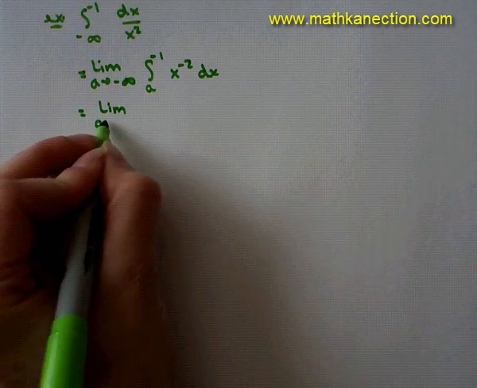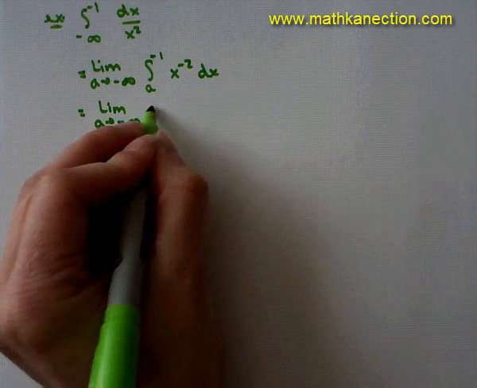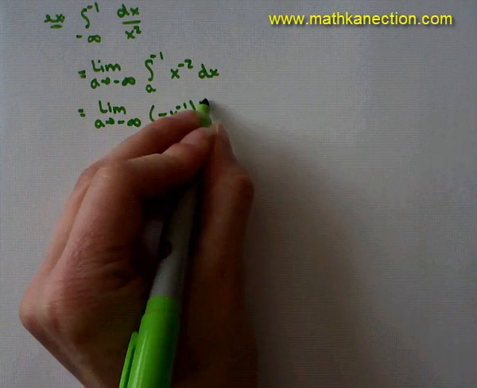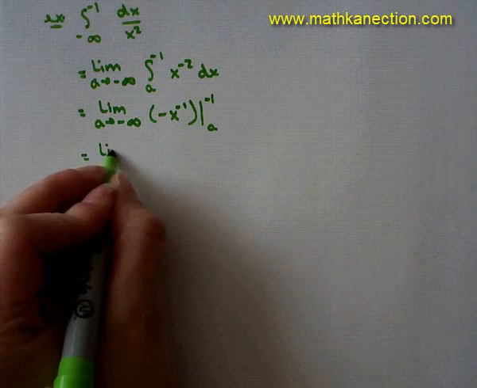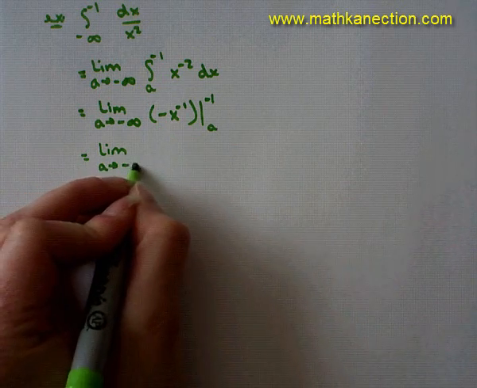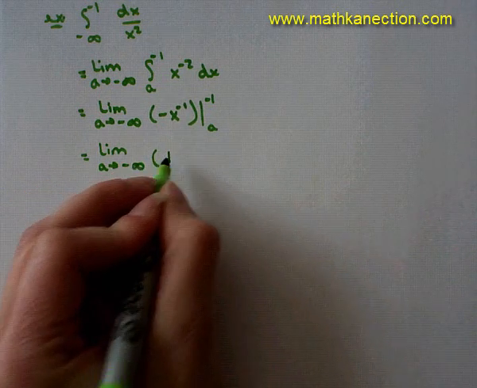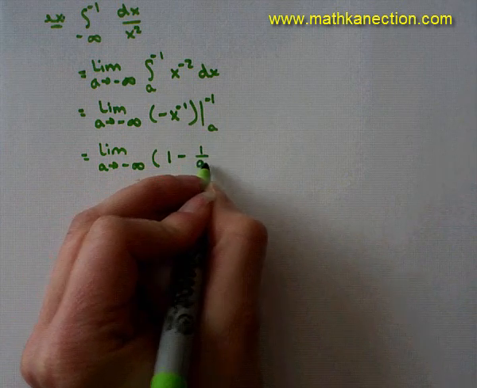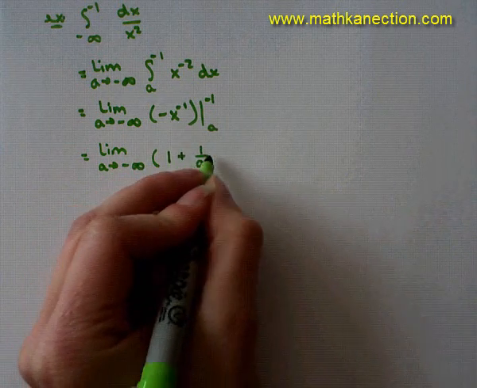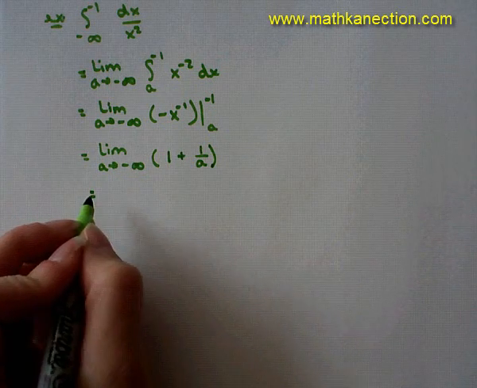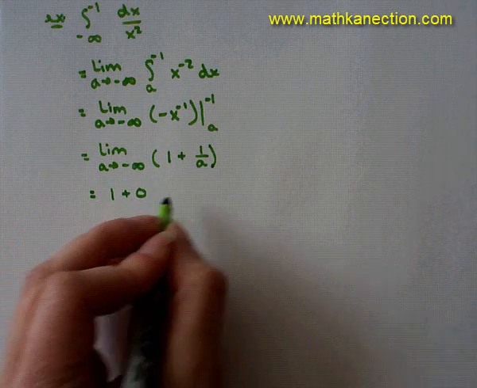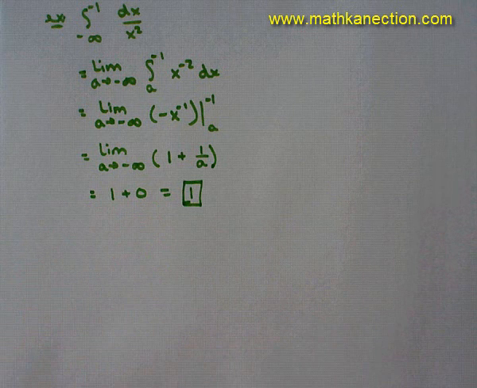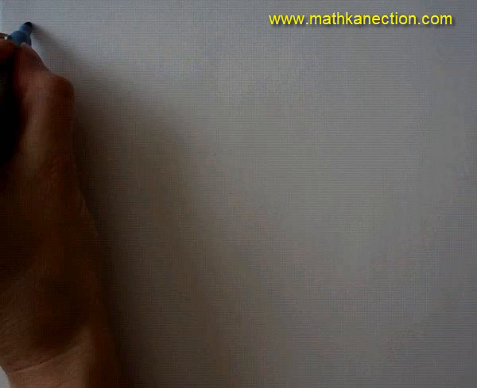Anti-deriving to get negative x to the negative 1 from a to negative 1, we have the limit as a approaches negative infinity, replacing in the value of negative 1 to get 1, and replacing in the value of a, which then becomes plus 1 over a. Substituting in the value of negative infinity, we wind up with the answer of 1. So this integral converges to the value of 1, so the area is equal to 1.